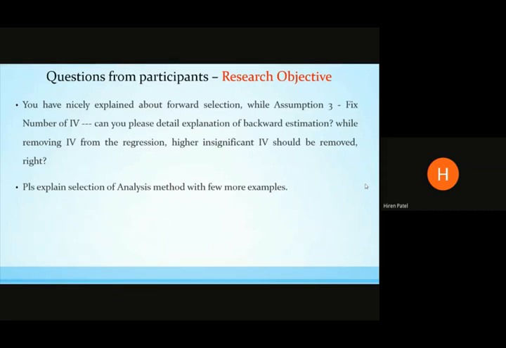Then again we take one more out and have an equation of 18. We do that gradually till we find that the removal of one independent variable does not change the R square value significantly. We repeat this process till the R square value does not change significantly. That is backward estimation.